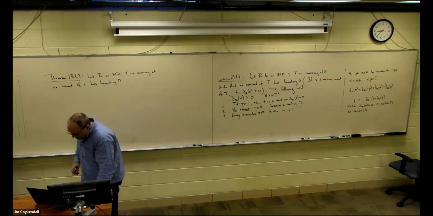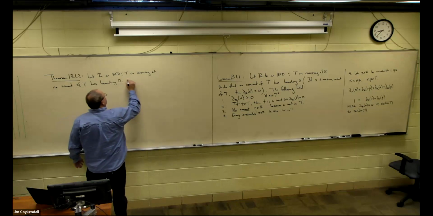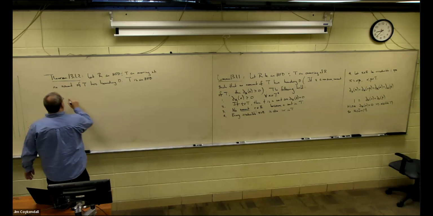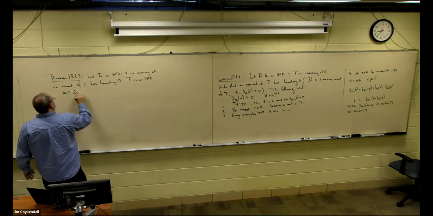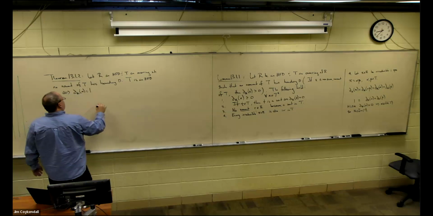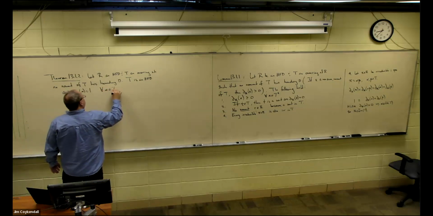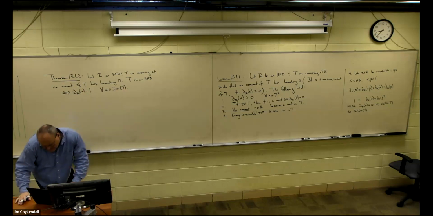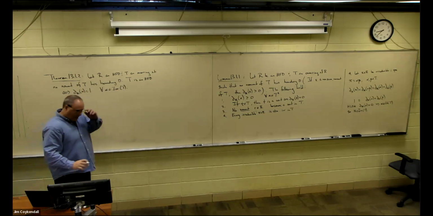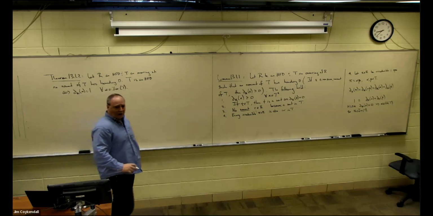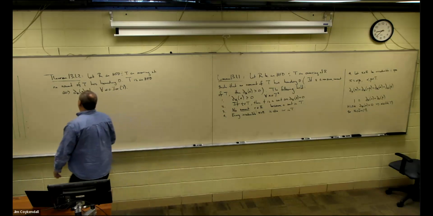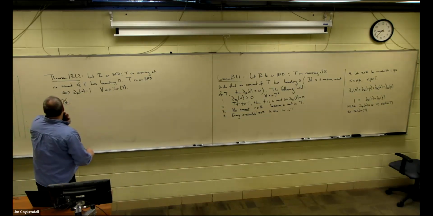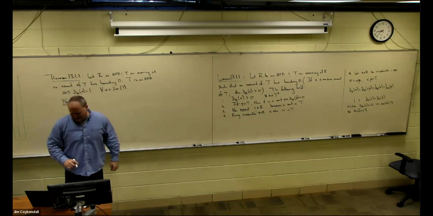Well, T is an HFD if and only if the boundary of alpha is 1 for all of our irreducible alphas. So if the boundary is 1 for all of our irreducible alphas, then it's an HFD.